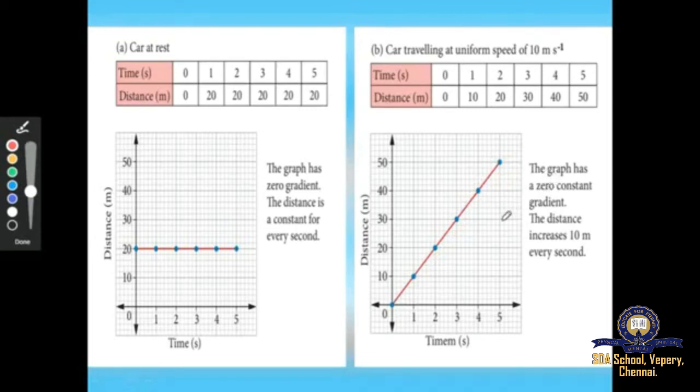So the graph has a constant gradient. The distance increases 10 meters every second.